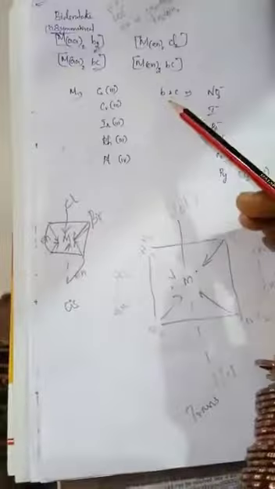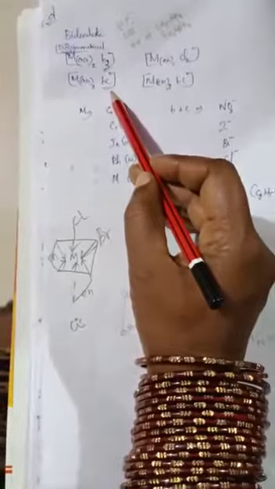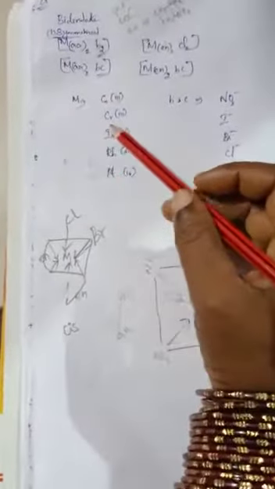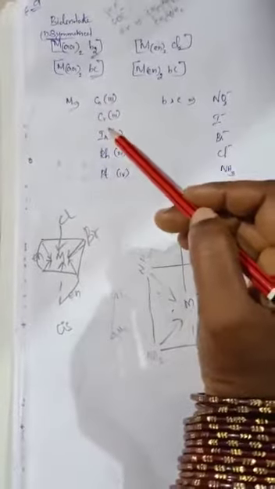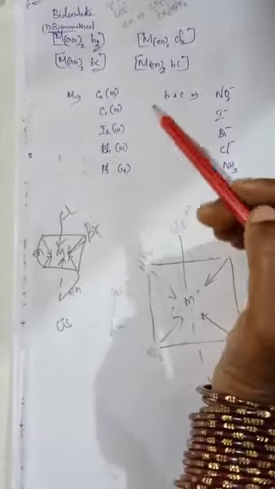Now we will discuss the symmetrical bidentate type, MA2BC. Here the metal can be cobalt 3, chromium 3, ruthenium 3, rhodium 3 and platinum 4.